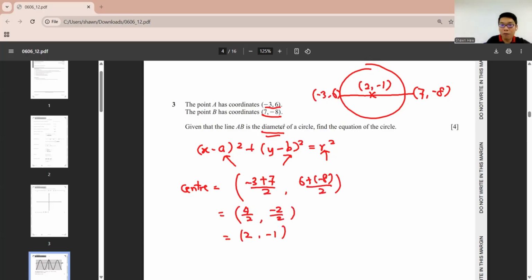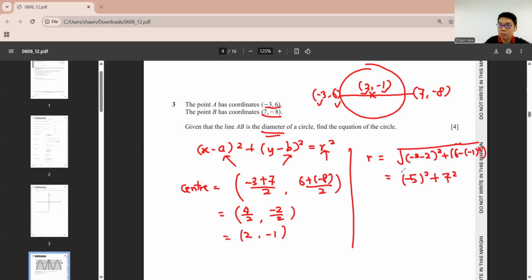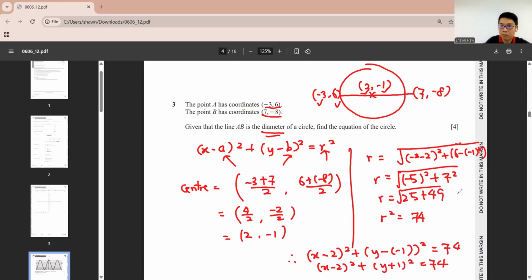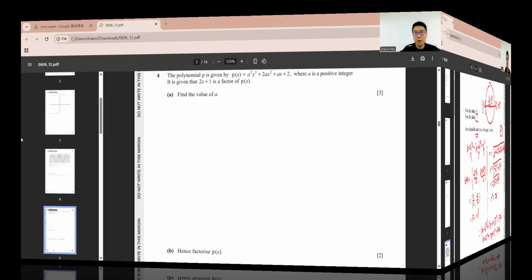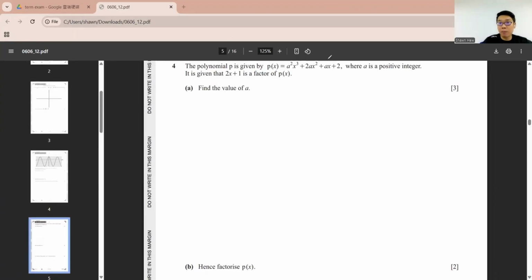So we gather the info of A and B, then we find the radius: square root of the difference of x squared plus the difference of y squared. R squared is 74. After we gather this information, the equation is done. 4 marks.